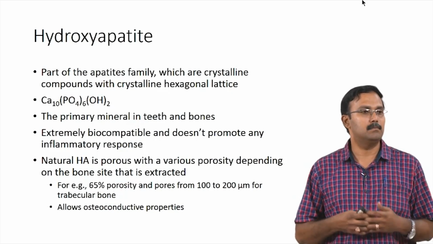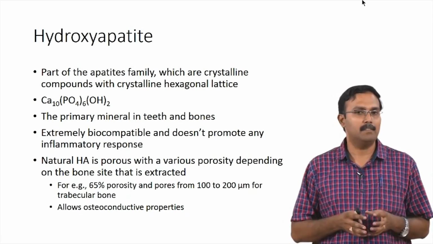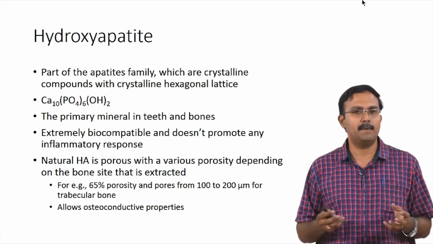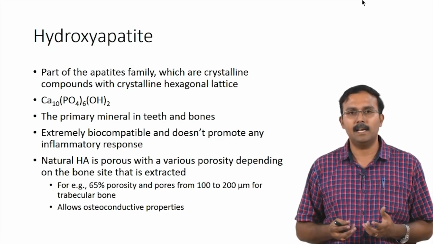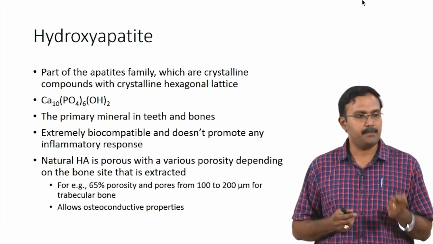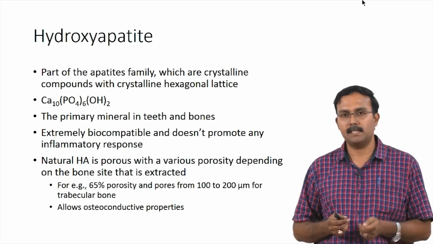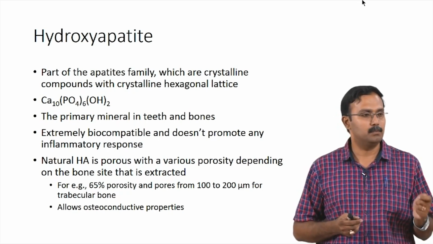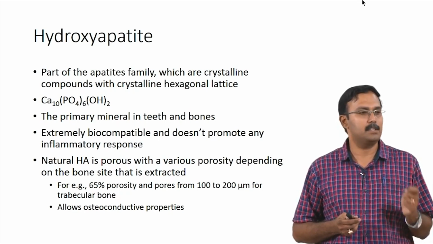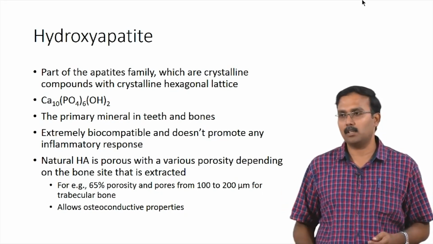Hydroxyapatite is the most commonly used material today, because hydroxyapatites are part of the apatite family, which are crystalline with a hexagonal lattice. They have a specific chemical formula, which is Ca10(PO4)6(OH)2. The calcium to phosphorus ratio is 1.67, which is characteristic of hydroxyapatite.